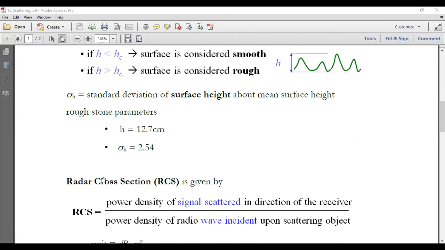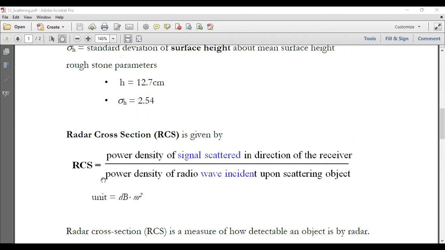Now, another term you can use for the estimation of the scattered energy is called radar cross section. The term radar comes in here because radar actually uses the reflection from the object, but you can also think of it as scattering. You have to get some power back from the object.